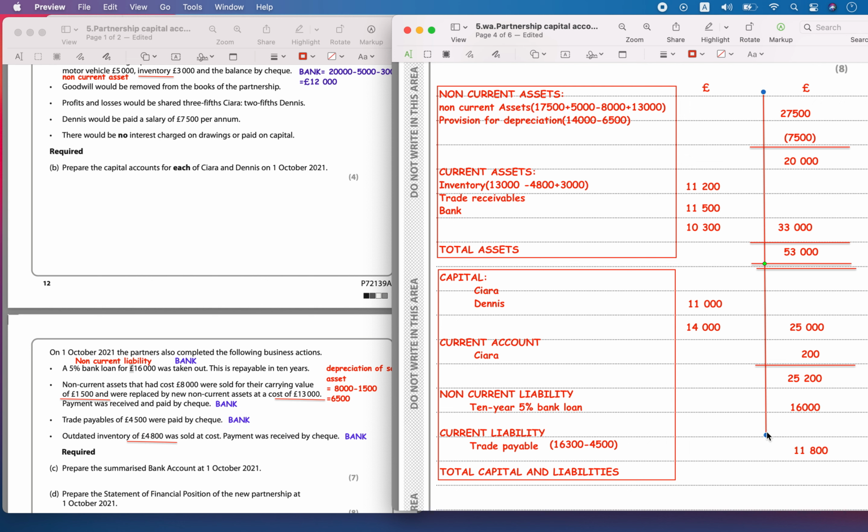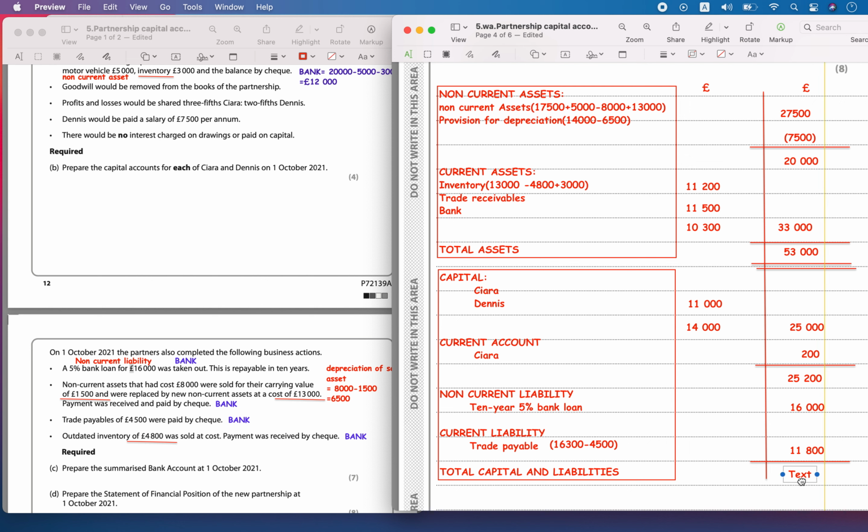Now we have to calculate the total capital and liabilities together. So it is equal to 25,200 plus 16,000 plus 11,800.